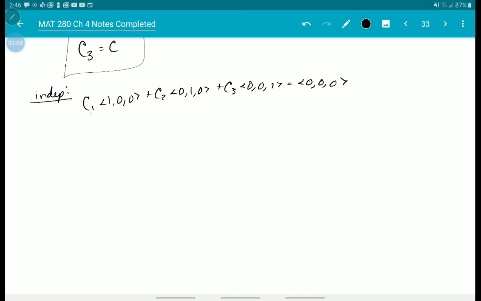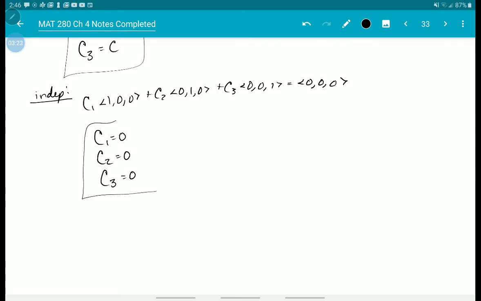If we distribute and set up our system, c1 plus 0 c2 plus 0 c3 is equal to 0, 0 c1 plus c2 plus 0 c3 is equal to 0, and 0 c1 plus 0 c2 plus c3 is equal to 0.